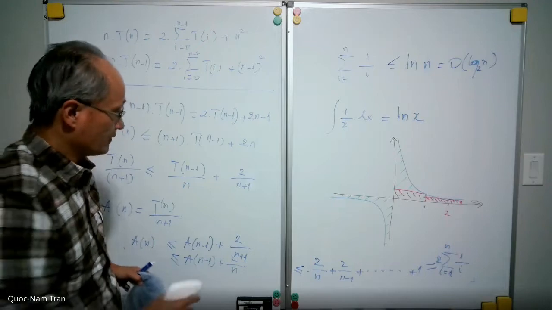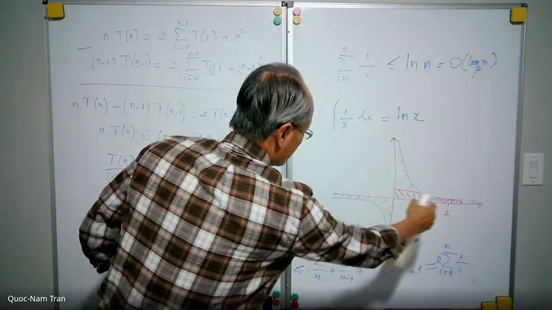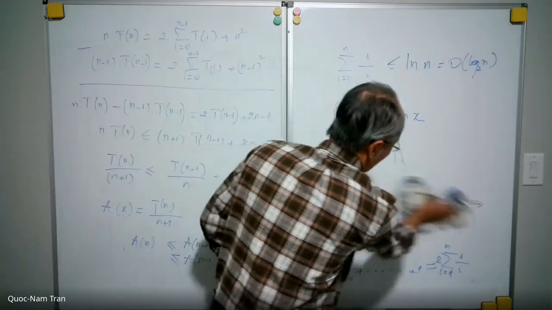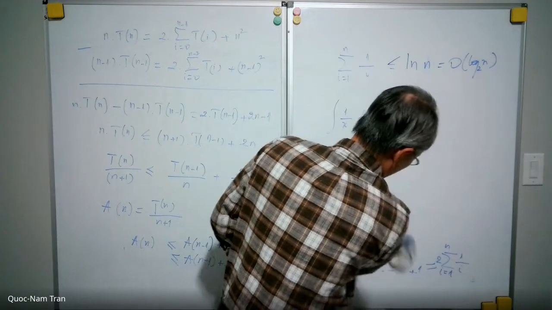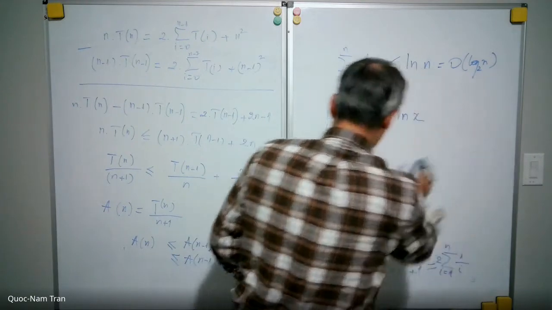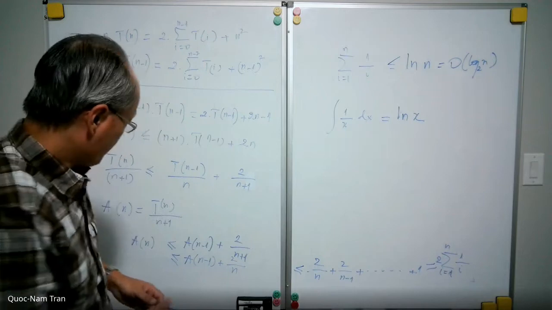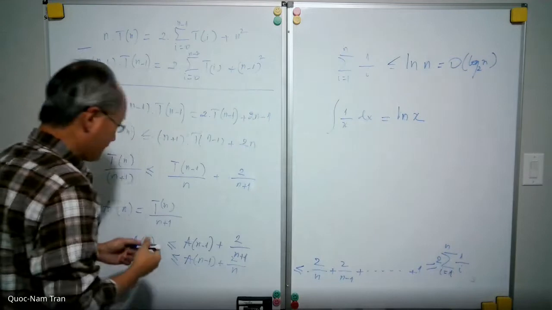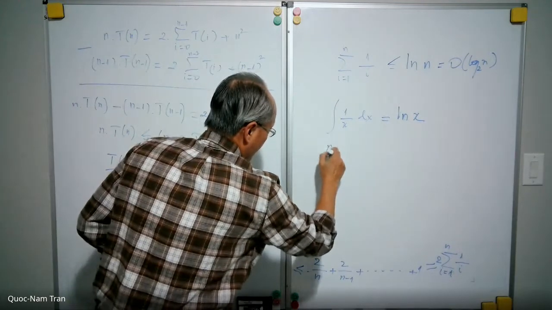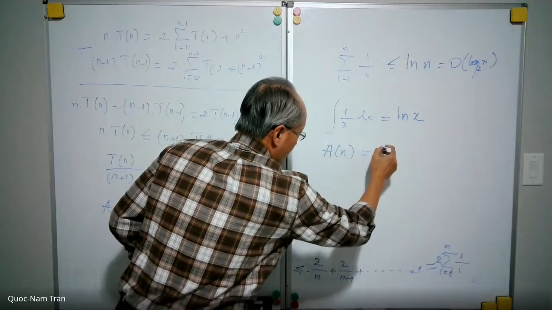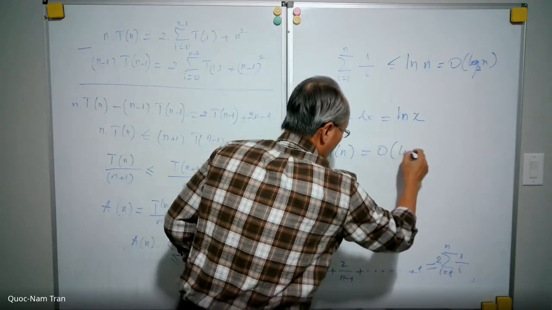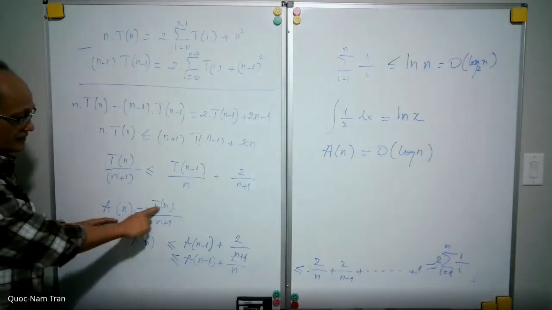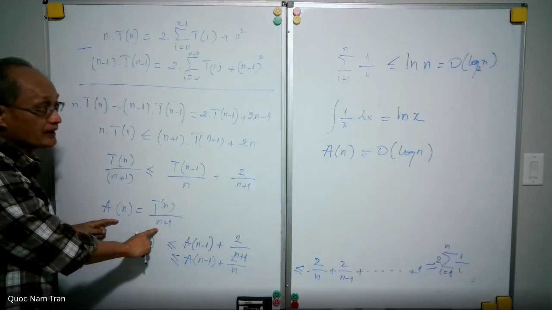Now let me remove this one so we can write down the solution. So from here, we have a_n is big O log n, right? But a_n is T_n divided by n plus 1, right?